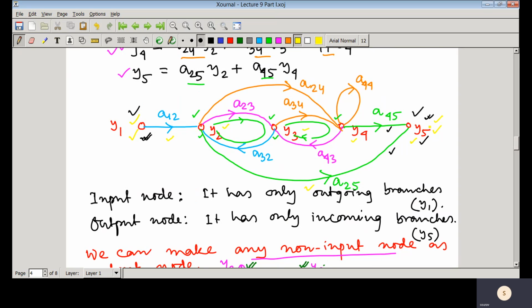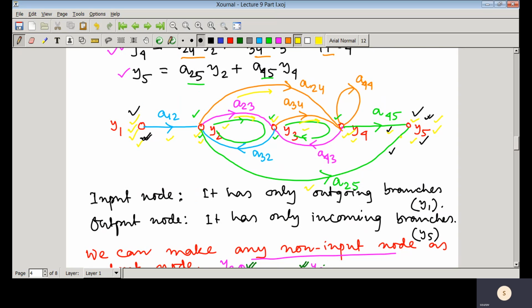So this is one forward path. Another forward path is y1, y2, then y4 and y5. The other forward path is y1, y2, then y3, then again y4, and y5.